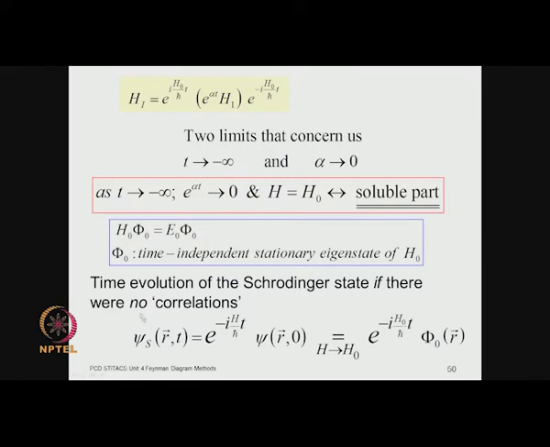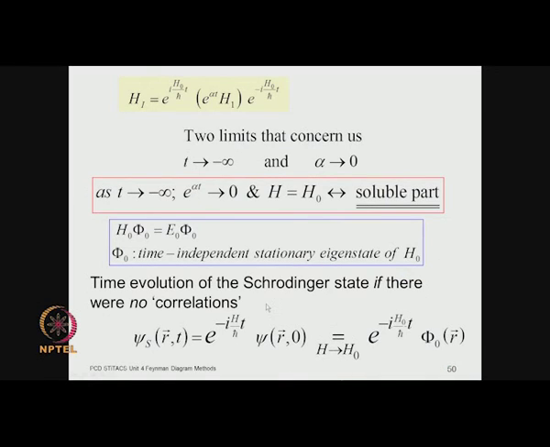And how does this Schrodinger state evolve with time? It evolves as e to the minus i H over h cross t. This is the time evolution operator. And as t goes to minus infinity, your Hamiltonian is actually H0.